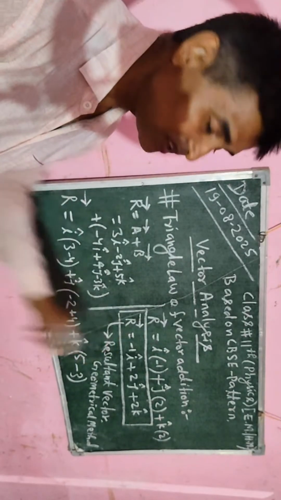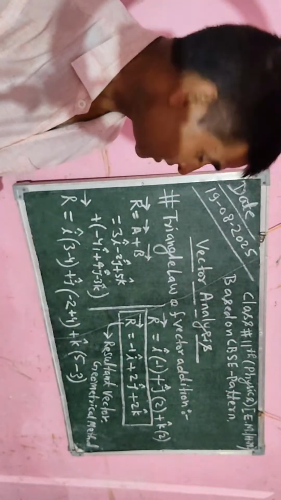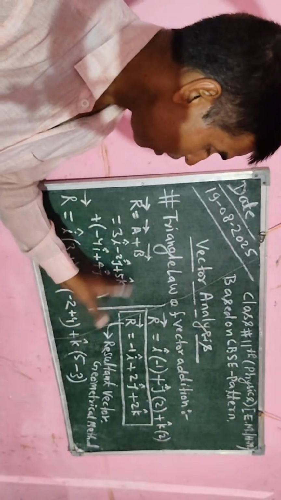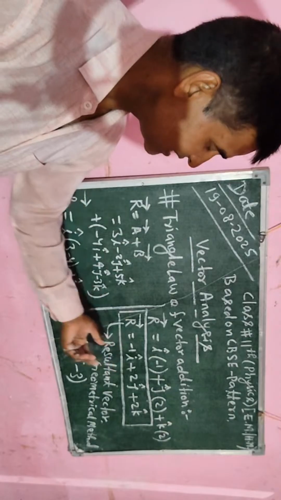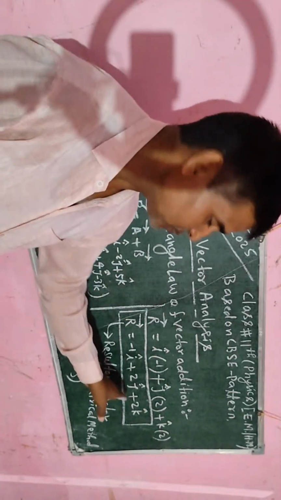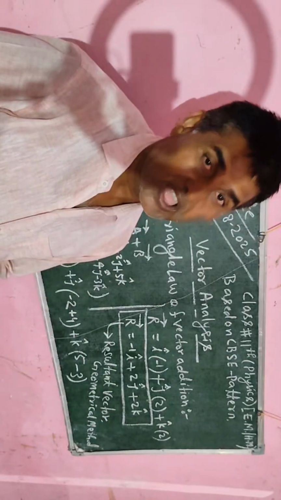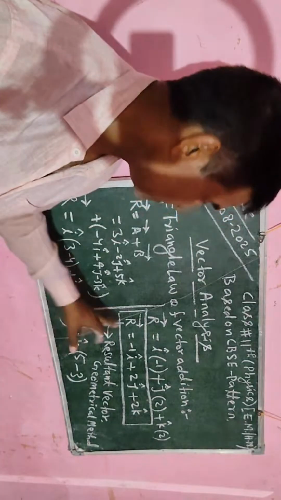And if anyone asks what the magnitude of this resultant vector will be, we take the magnitude on both sides, and write the square root of the coefficient of ax squared plus the coefficient of ay squared plus the coefficient of az squared, and after calculating its value, that will be the required answer.